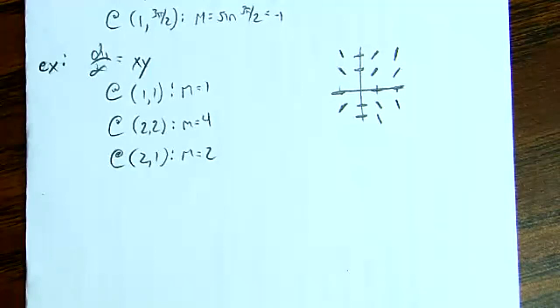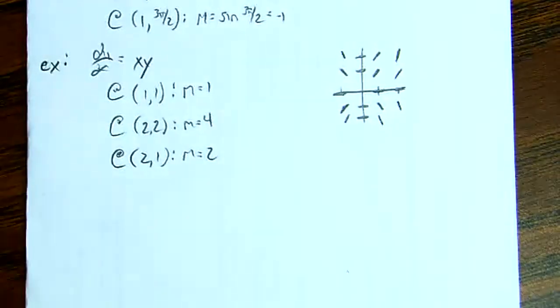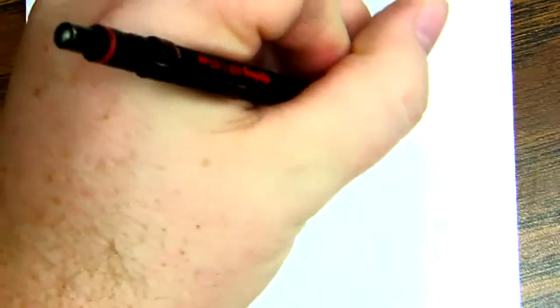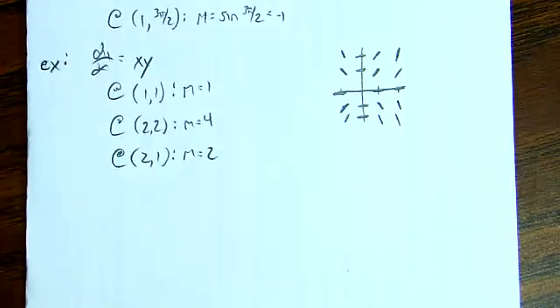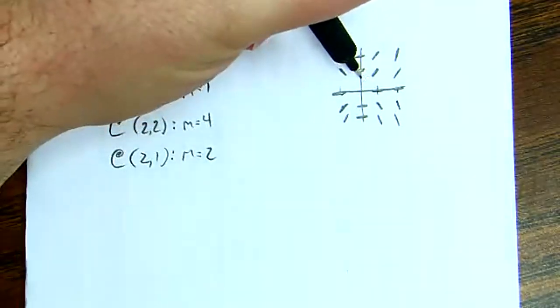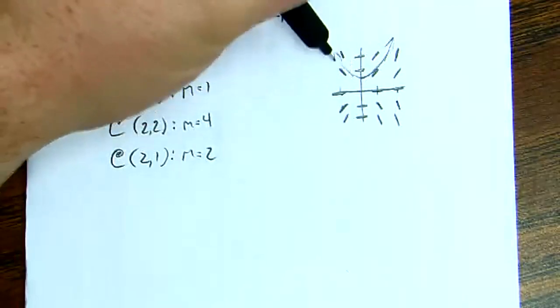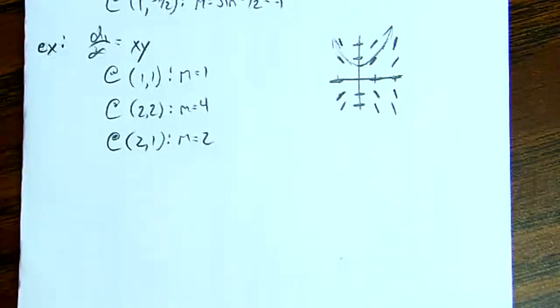And at 1, -2. So we could keep going through these points. And we could draw what we believe a solution curve to this might look like. If we start up here, maybe we look kind of like a quadratic, but without solving it, who knows?